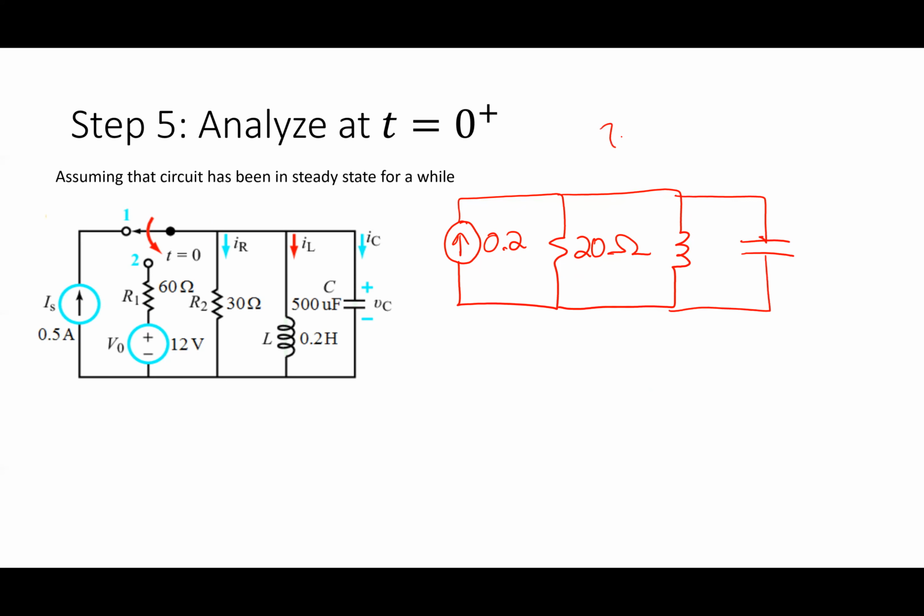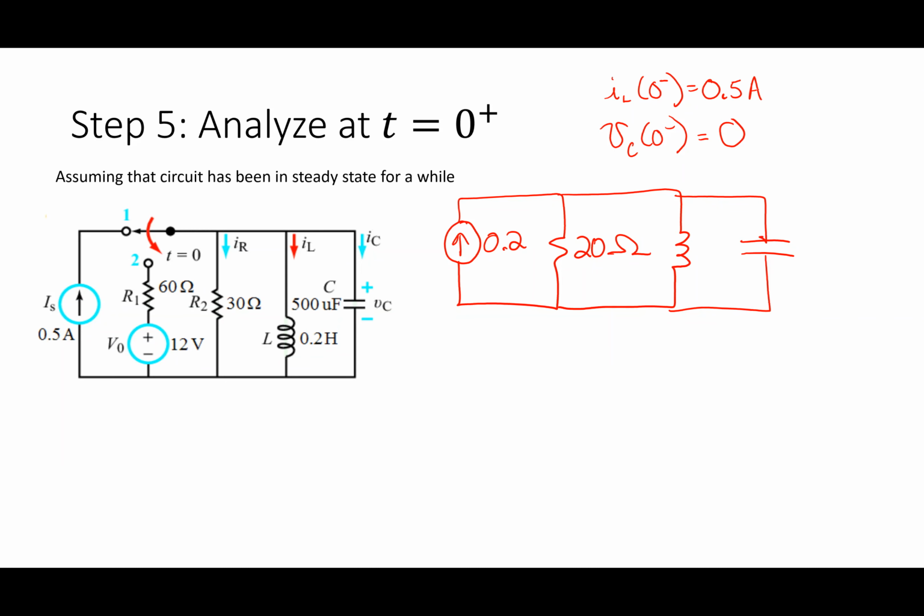And you guys had found with me that V sub C of 0 minus was equal to 0, and I sub L of 0 minus was equal to 0.5 amps. All right. So right now at t equal to 0 plus, what do we say were the substitutions we made in the circuit at t equal to 0 plus?